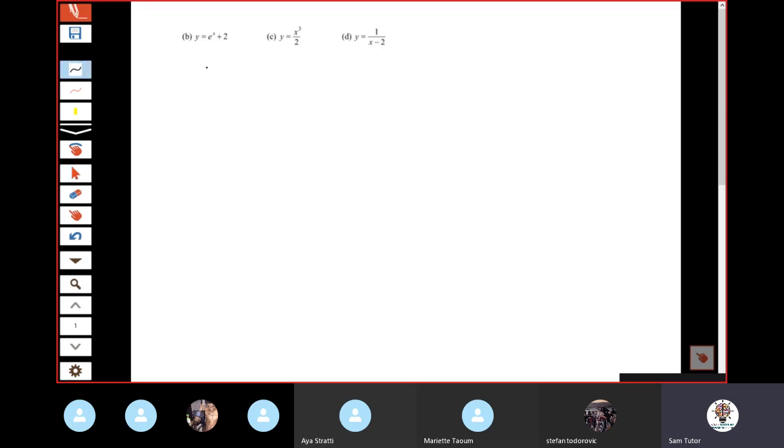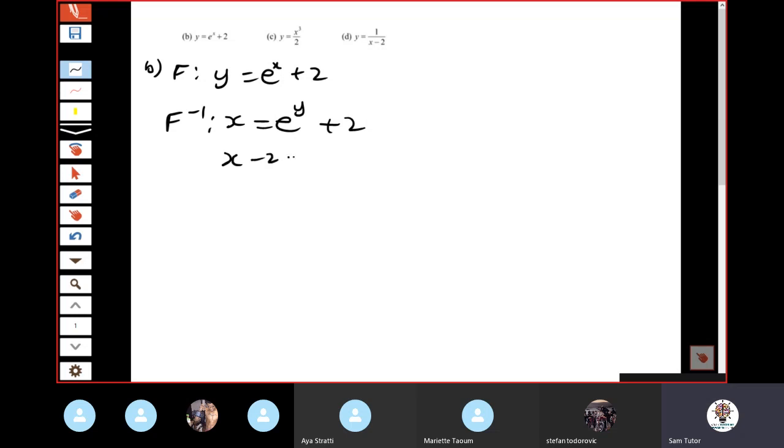So here we go. B, I've got the original function as y equals e^x plus 2. I like to write that so you guys can see that's the original function, capital F, by the way, not f of x, it's capital F. F inverse is replace x for y. So x equals e^y plus 2.